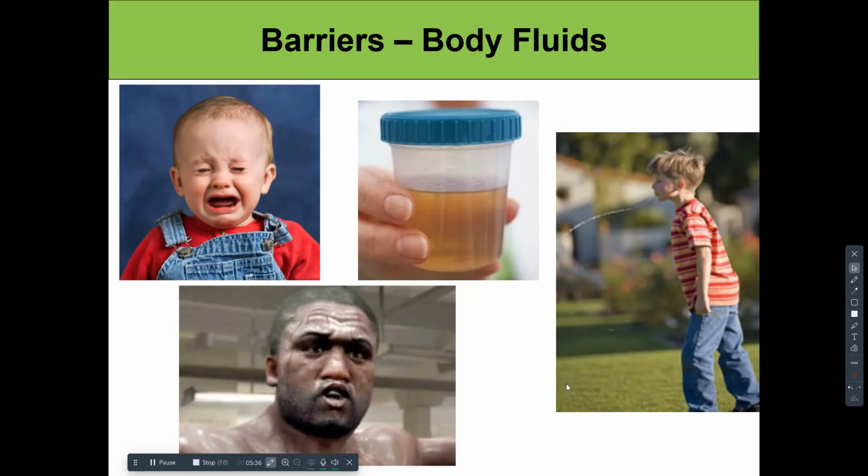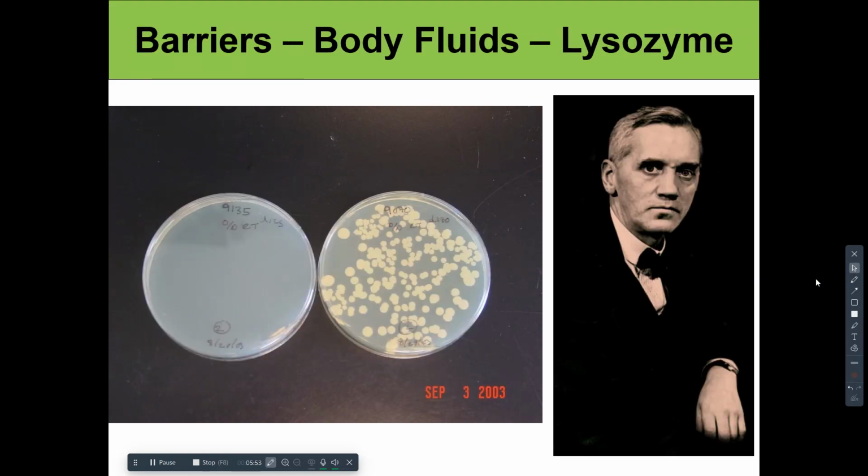Of course, body fluids can be barriers as well. Sweat, we mentioned already, urine, saliva, tears, all help flush pathogens away, all provide an additional level of protection and resistance to entry. But we're not done with barriers, nor body fluids, because those body fluids in question, all of them contain an enzyme called lysozyme. And lysozyme is an antibacterial enzyme.